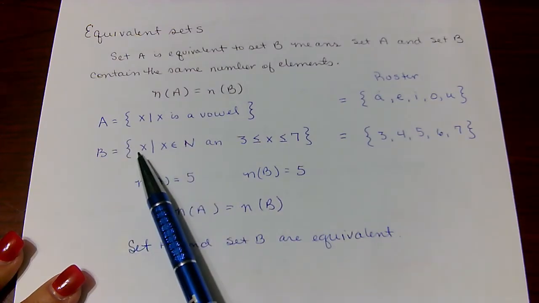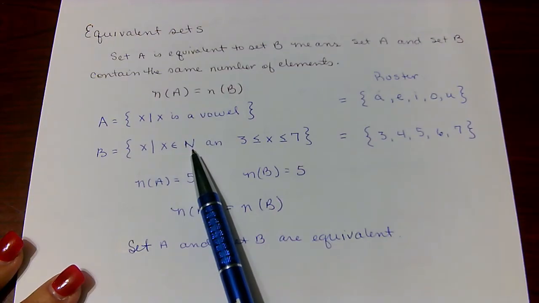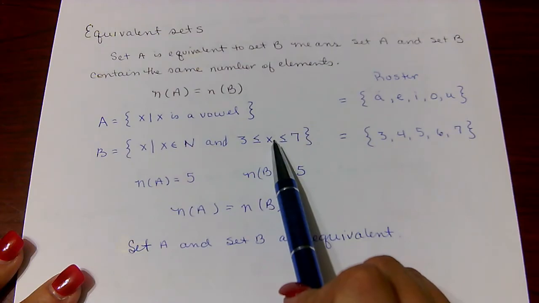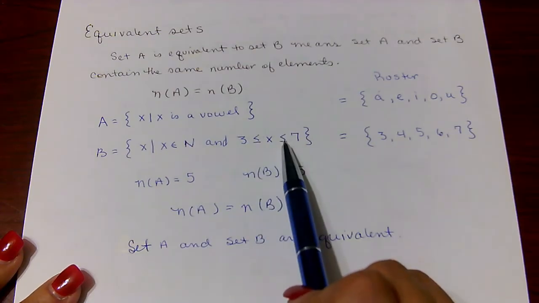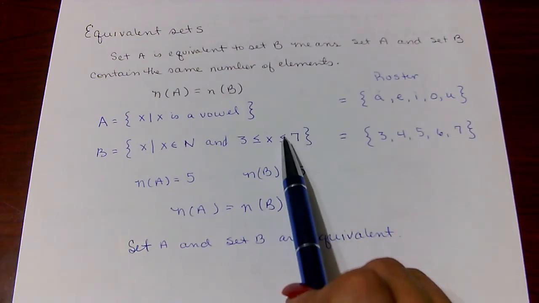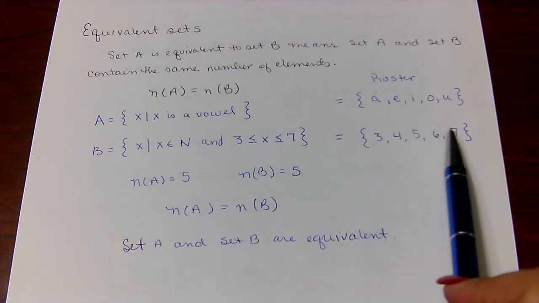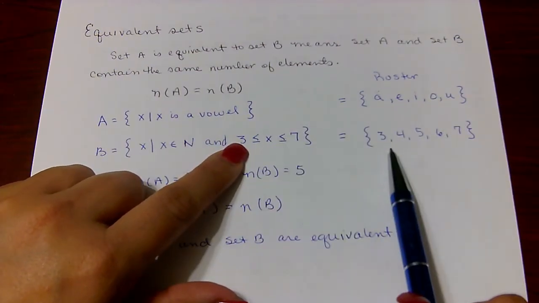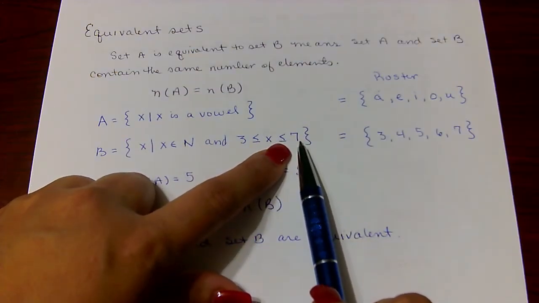Set B is element x, which x is an element of the natural numbers, and x is equal to or greater than 3 and less than or equal to 7. So if I'm doing my roster form, I'm going to start with 3 because it's equal to 3. And I'm going to end at the number 7, and it's going to be equal to 7.